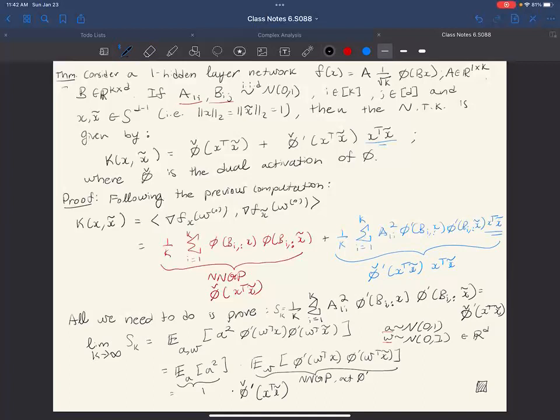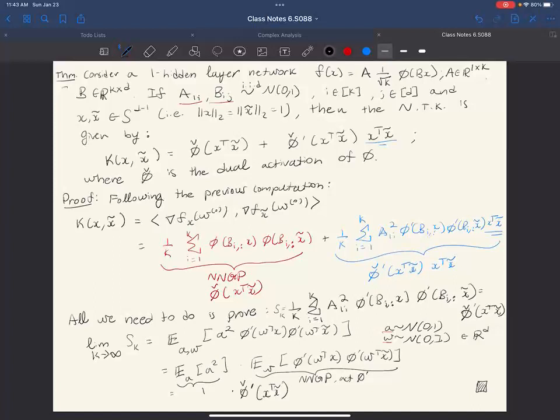The second comment I wanted to make is that all of the expectations that we had worked with so far, we didn't have to do any new derivations of expectations, and all the hard work was just done in the previous lecture once we knew the neural network Gaussian process.